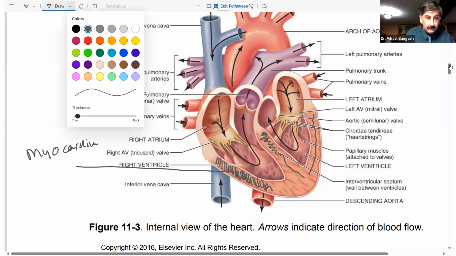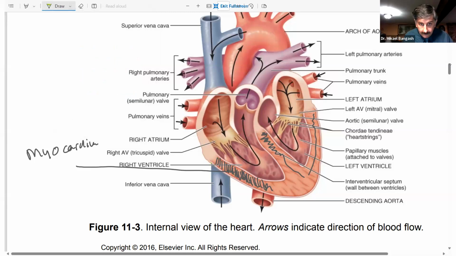Whereas if you look here, this outline that I mark is what we just now called the epicardium, because right now we are looking at the myocardium.